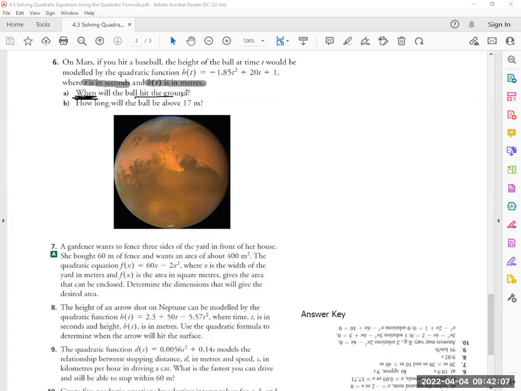So in this simple sentence, there's a lot going on. When? English word. What are they asking for, mathematically? Yeah? You don't know that yet. Just the word when.